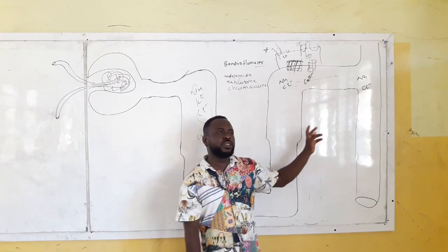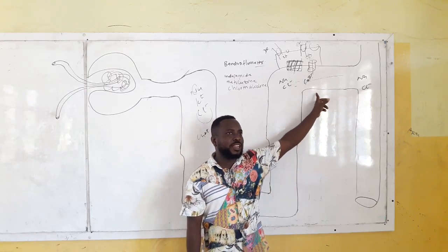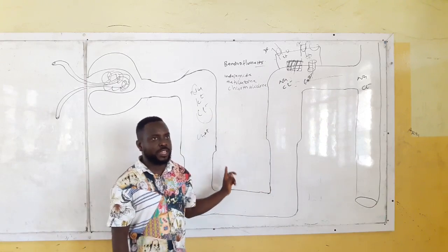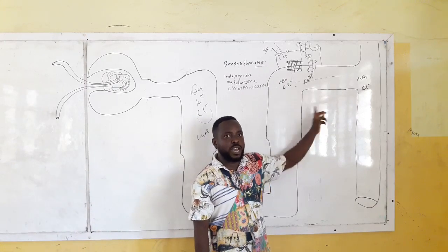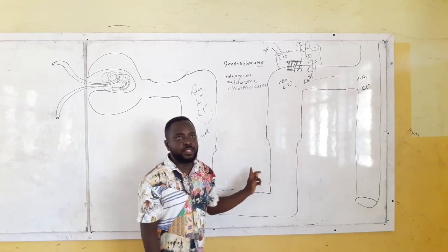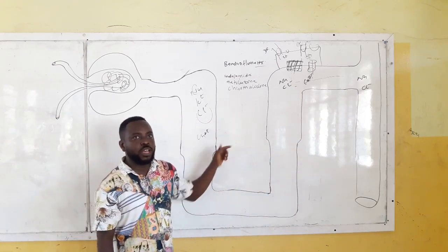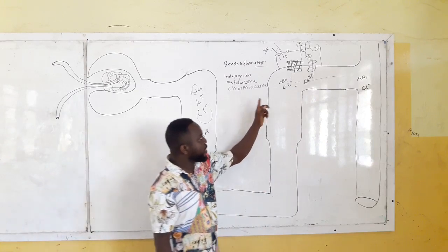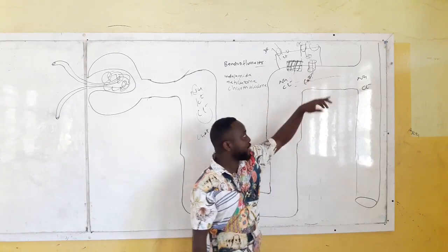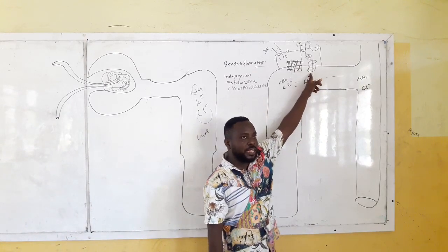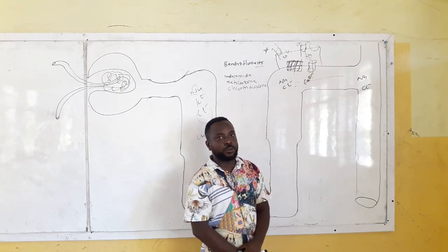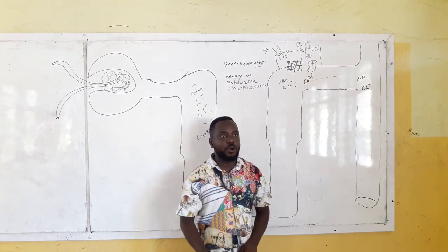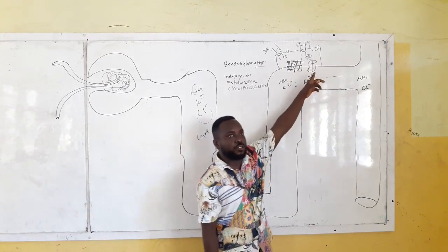So the difference between the thiazide diuretic and the loop diuretic is that the thiazide diuretic will help the body to reabsorb calcium, and the loop diuretics will cause the body to lose calcium. With the thiazide diuretics, we are gaining calcium through the calcium channel, which is at the luminal side of the early part of the distal convoluted tubule, under the influence of parathyroid hormone. So we are gaining calcium.